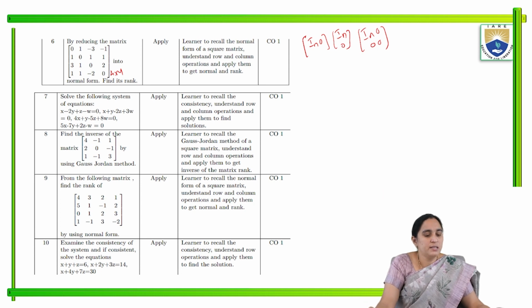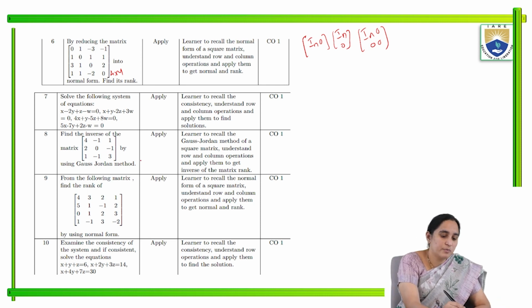Next, find the inverse of the matrix [4, -1, 1; 2, 0, -1; 1, -1, 3] using the Gauss-Jordan method. We already discussed how the Gauss-Jordan method is used. Here we have to find the inverse of the matrix. Write A as A·I.